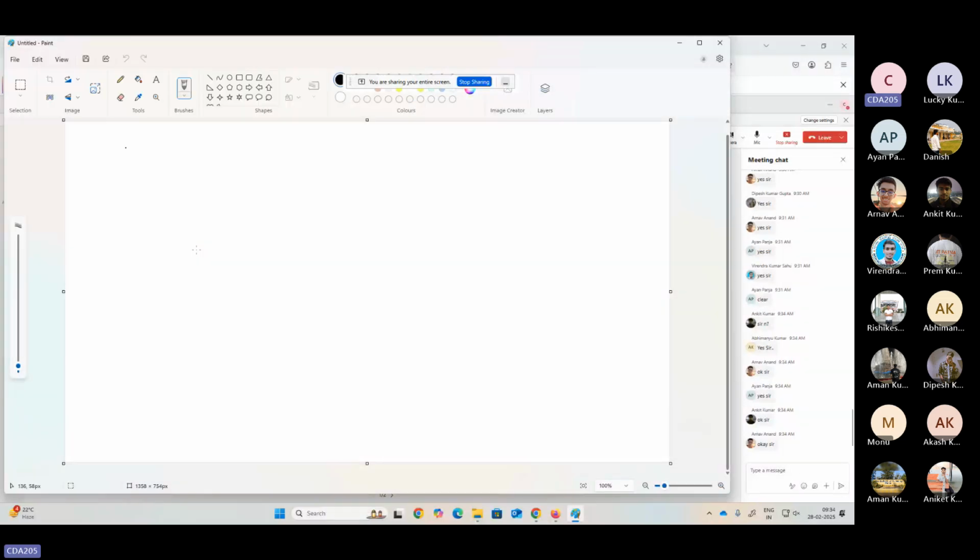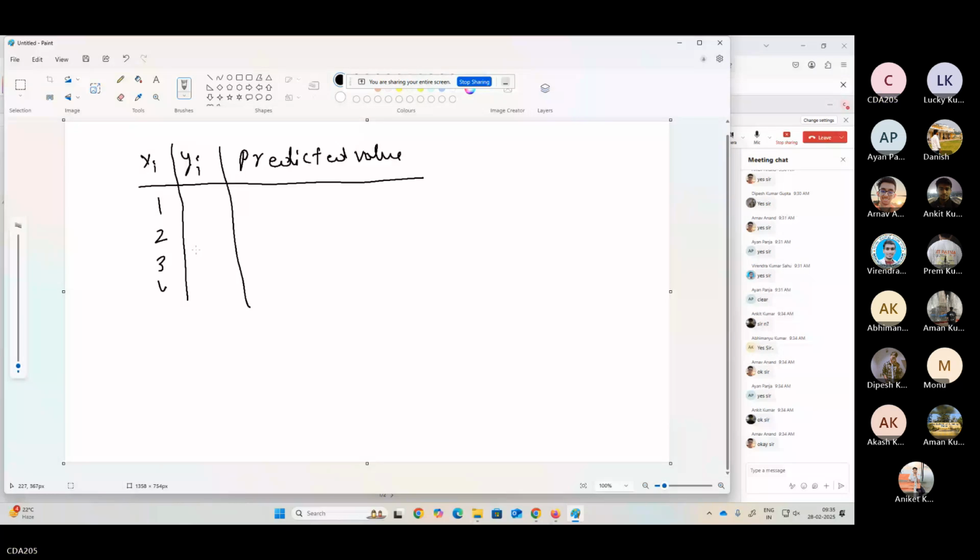So we have xi and we have yi and we have the predicted value. We have 4 samples: 1, 2, 3, 4, and we have the values 1.5, that is the actual, observed, 0.02, then 2.7 and 3.1, and predicted values are 1.46, 2.02.